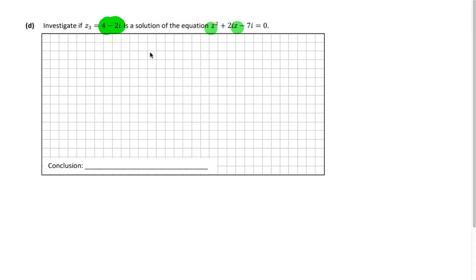So our equation will become 4 minus 2i squared plus 2i times z, which is 4 minus 2i, minus 7i equal to 0.